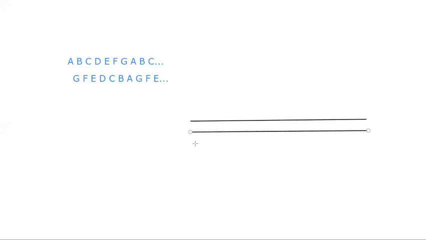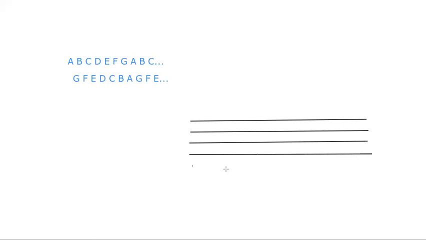The next thing we need to consider is the staff, because all these letter names will fit on the staff. So I'm going to draw a staff here with my wonderful artist skills. And you might notice that the staff has 5 lines and 4 spaces. We'll label them from the bottom.